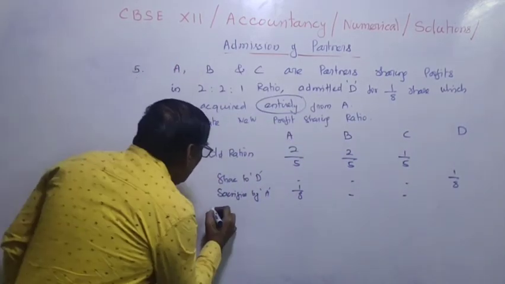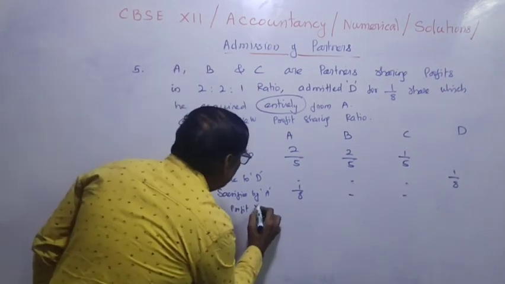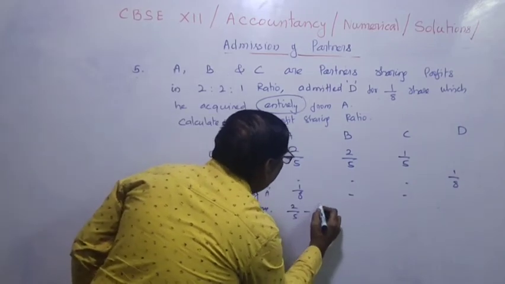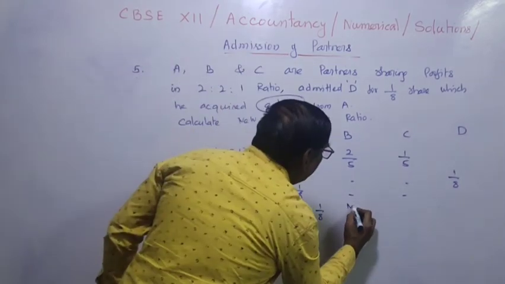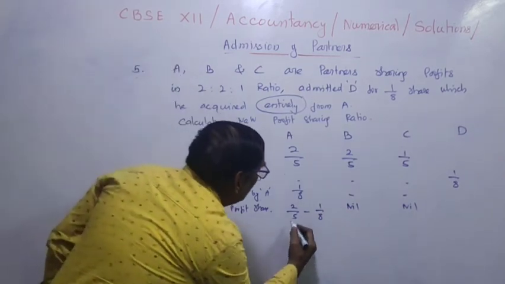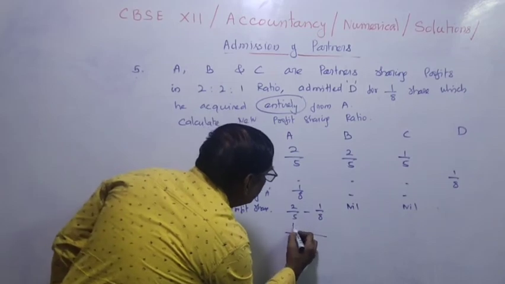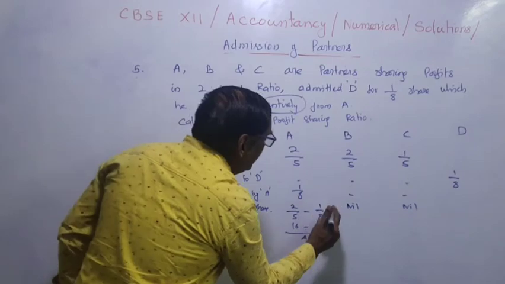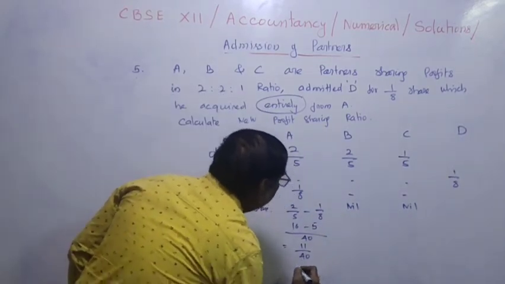So the new profit sharing ratio is old share minus sacrifice. For A only we have to mention 1/8, and for the others nil, no sacrifice. So if we take LCM 40, 8 times 2, 16 minus 5 times 1, 5. So 11 by 40.